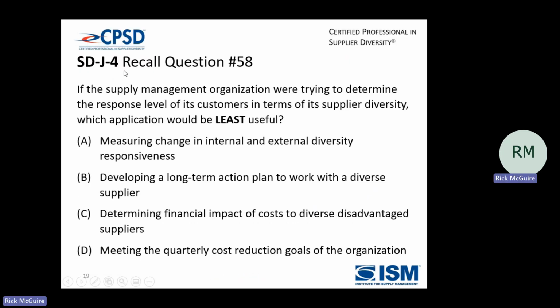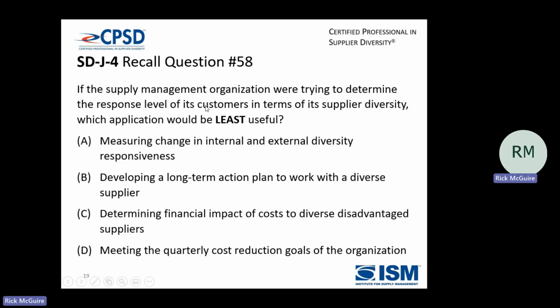All right, if the supply management organization were trying to determine the response level of its customers in terms of its supplier diversity, which application would be least useful? Measuring change in internal and external diversity responsiveness.